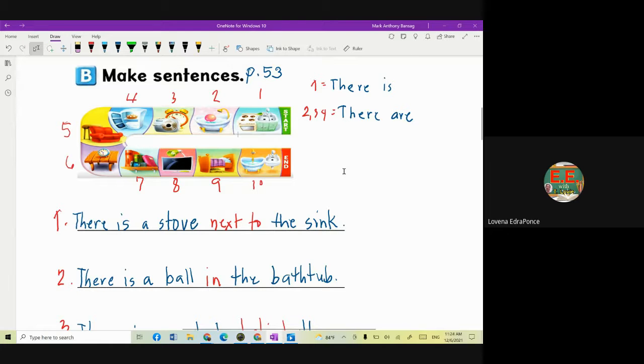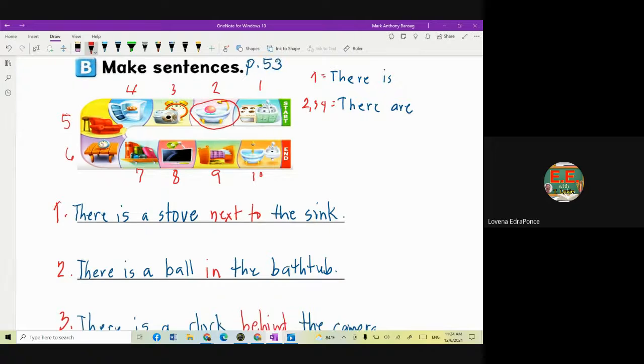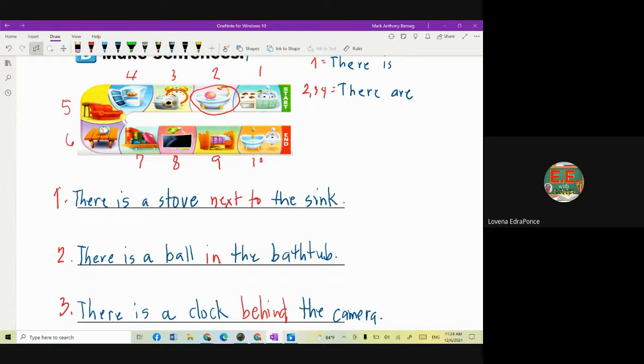Okay, number 2, there is a ball in the bathtub. How about number 3? For number 3, there is a clock behind the camera.